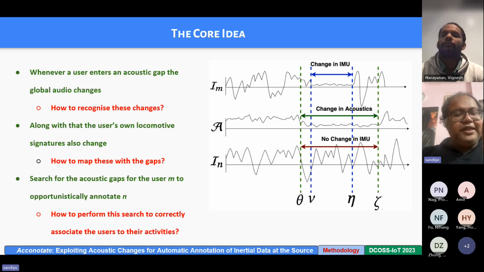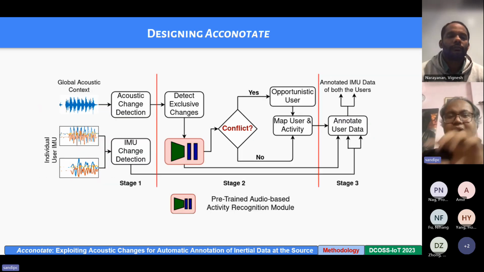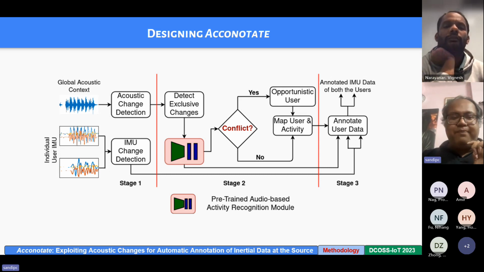That means the acoustic signal captured during that gap period corresponds to N. So we find the opportunities of acoustic gap, and from that acoustic gap we infer the activity level, and in the IMU signature find out for which particular person that signature is prominent, and accordingly do the mapping.